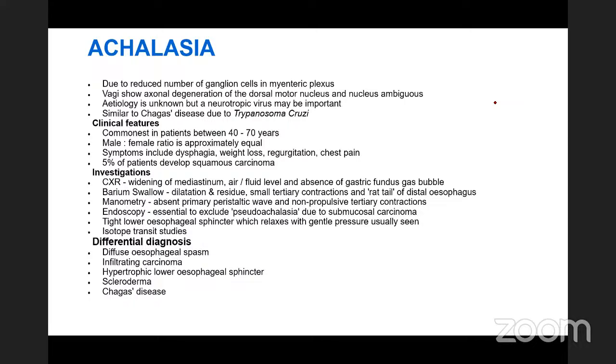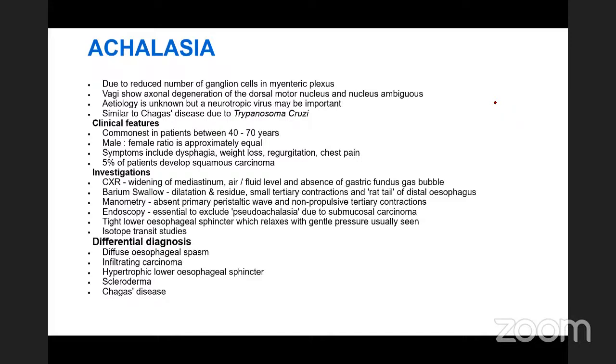It's similar to Chagas disease due to Trypanosoma cruzi. They lose their ganglion cells of the esophagus and vagi, and there's loss of lower esophageal sphincteric tone. So they present with a dilated esophagus and difficulty in swallowing.